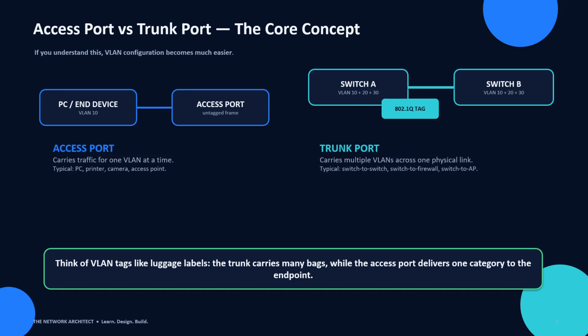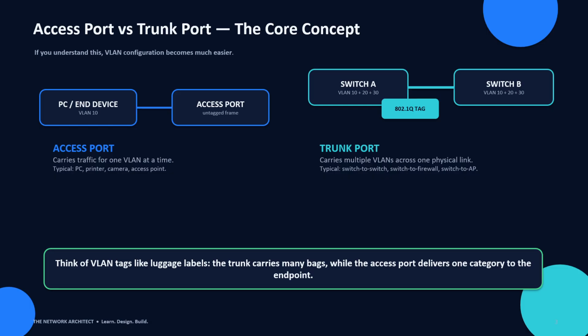An access port usually carries traffic for one VLAN, with typical connections like a PC, printer, CCTV camera, or server. A trunk port carries traffic for multiple VLANs. Typical connections are switch to switch, switch to firewall, switch to router, or switch to wireless access point.